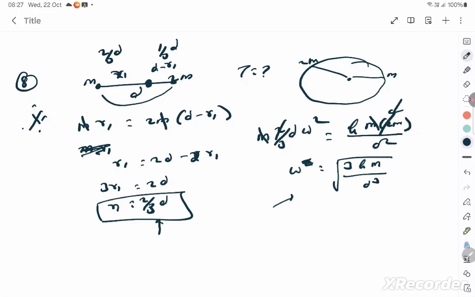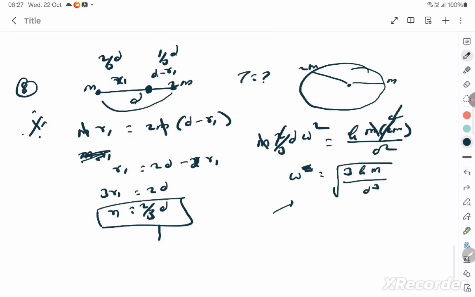Then there is definitely a force of attraction between the two masses, which can be equated to the centripetal force of only one of the masses, because this point is going to act like the center of the spinning. The centripetal force is only acting towards the center. So you ideally must take only one of the masses, equate it and get the value of omega. I hope you're clear.